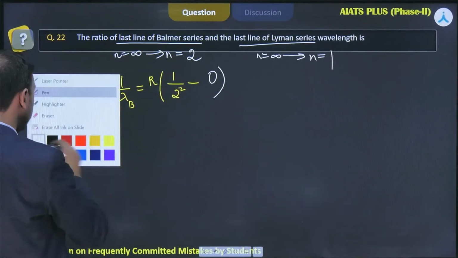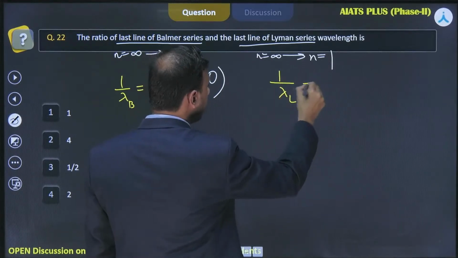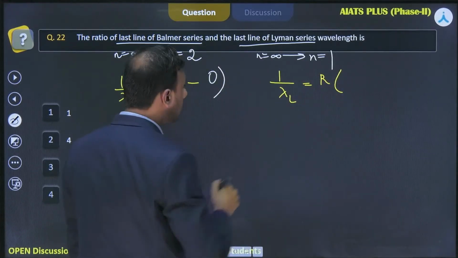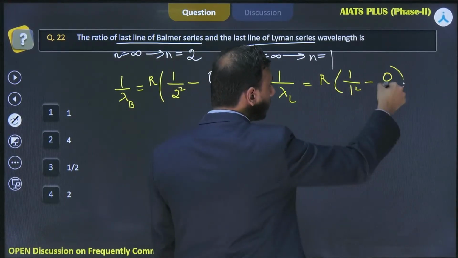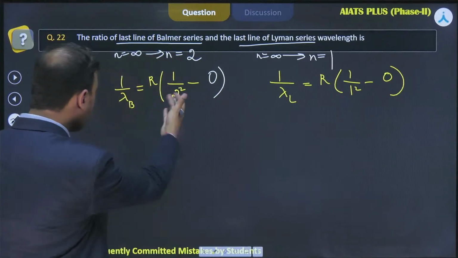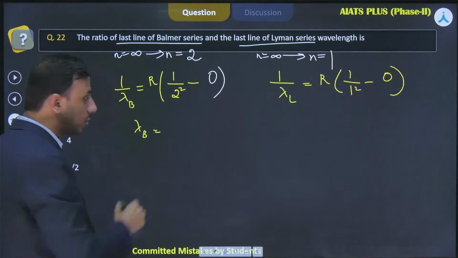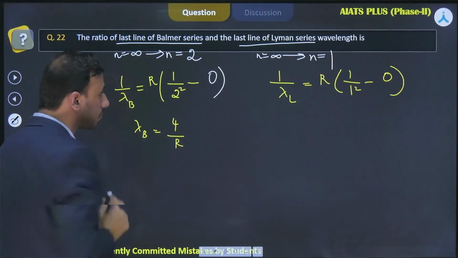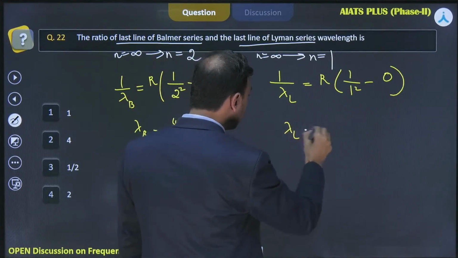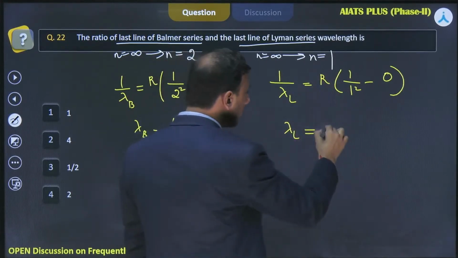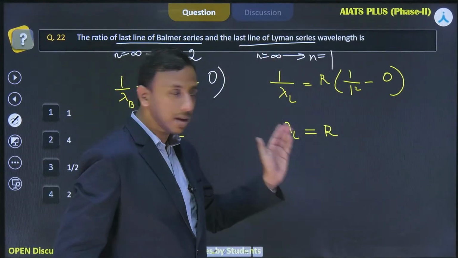And similarly for Lyman, 1 by lambda L is equal to R multiplied by 1 by 1 square minus 1 by infinity square, that's also 0. So from here, what are you getting? 1 by lambda B is R by 4, so lambda B becomes 4 by R. And for the Lyman series, the wavelength for this transition is 1 by R only.